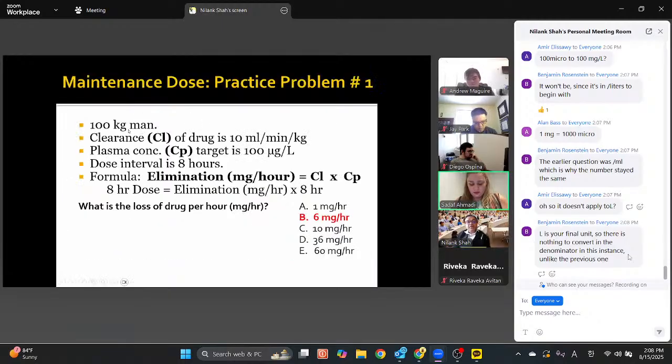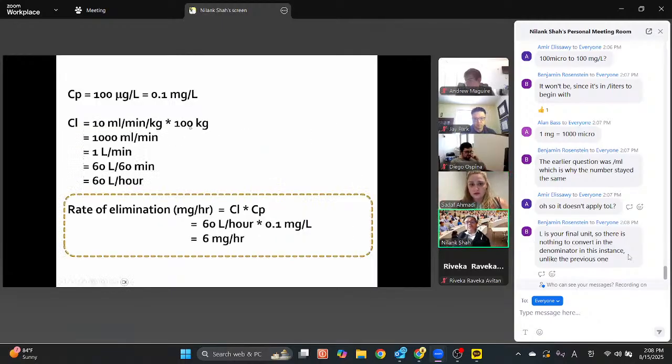So that is just a simple multiplication of 100 kilogram times this to find out the rate of elimination or clearance of the drug in that particular person. So we get 1000 milliliter per minute. That is, in 1 minute, 1000 ml of plasma is being cleared of the drug in that particular person, right? So that's why we just simply multiply that. Exactly.